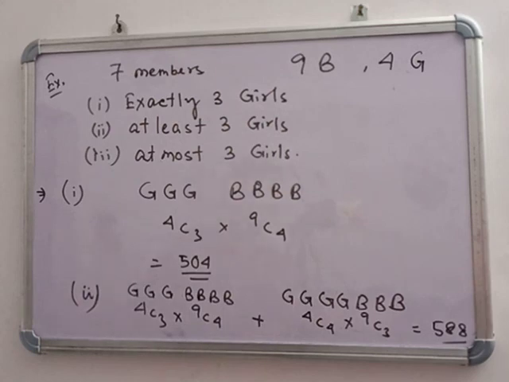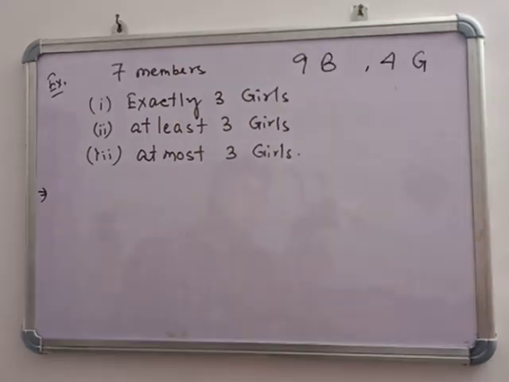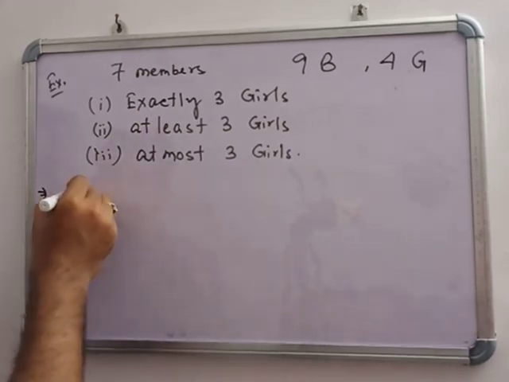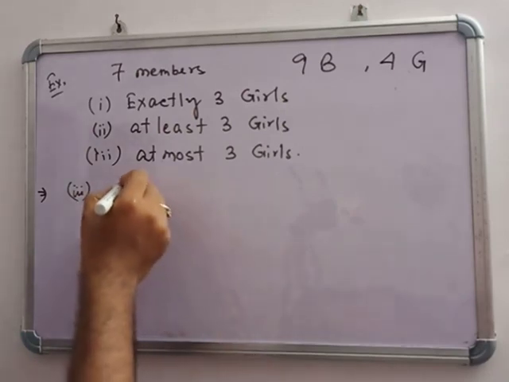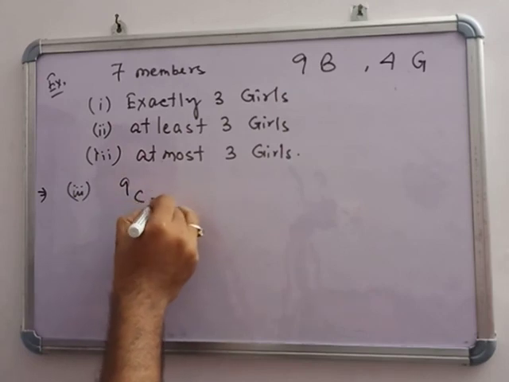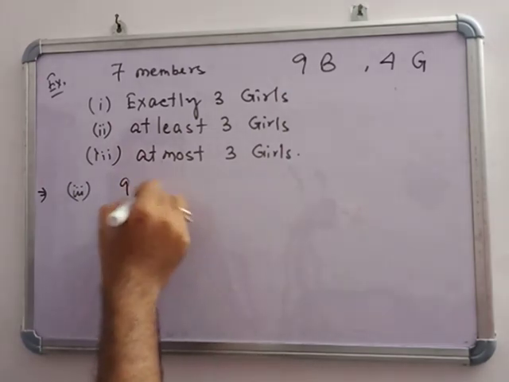Okay, next one. In number 3, see that at most 3 girls. That means no girls can be there, that means 0 girls. If 0 girls, that means 9 boys, 7 out of 9.